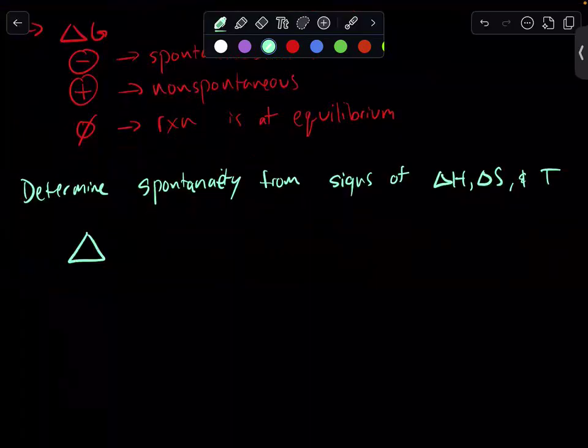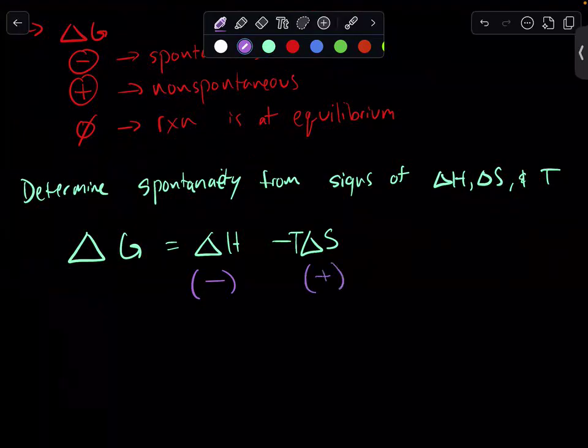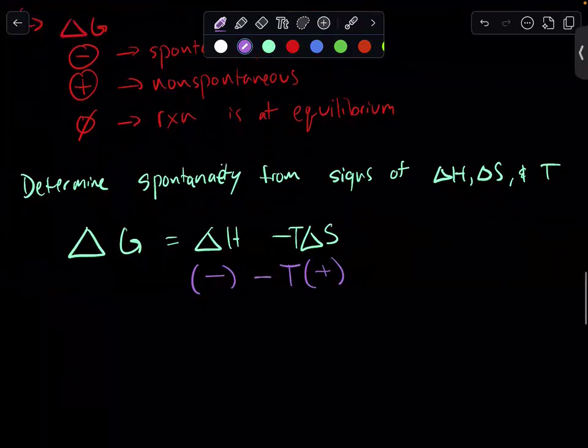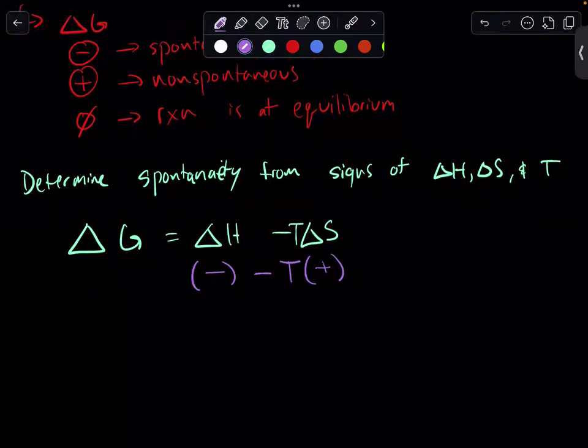Well, we go back to our equation. Delta G is equal to delta H minus T delta S. If our enthalpy is negative and our entropy is positive, regardless of what T is, this whole value, negative minus a positive number, will always be negative. This will always be spontaneous.